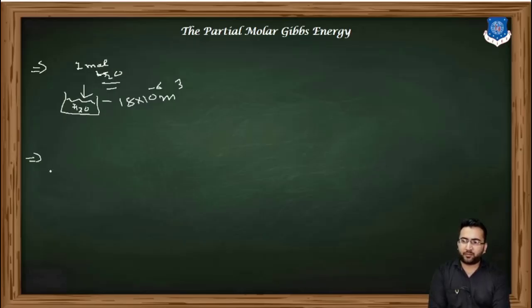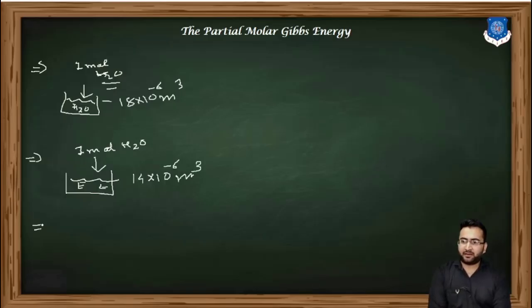Now suppose there is a beaker of ethanol. If we add 1 mole of water to this ethanol, the increase in volume of this solution is given by 14 multiplied by 10 raised to minus 6 meter cube.